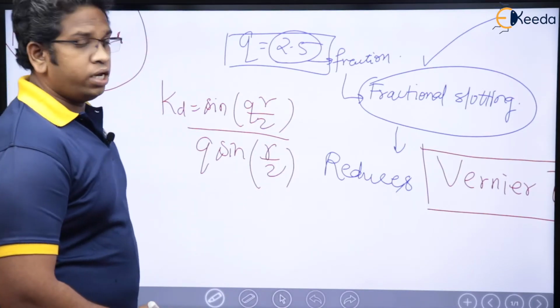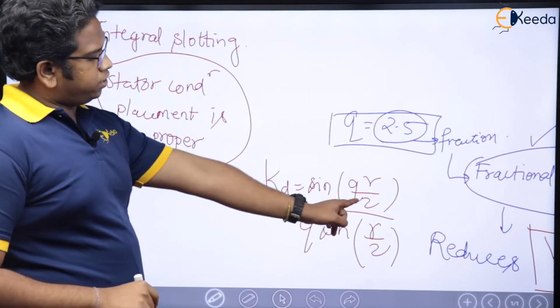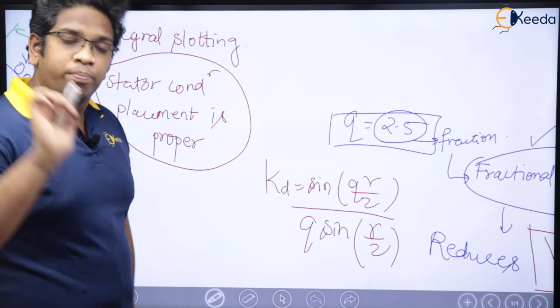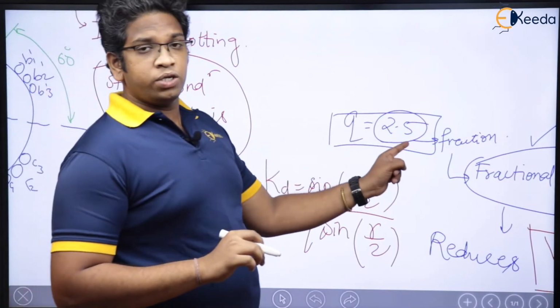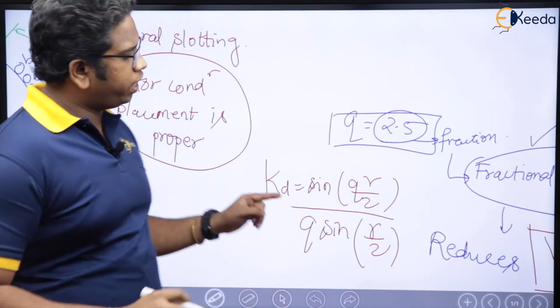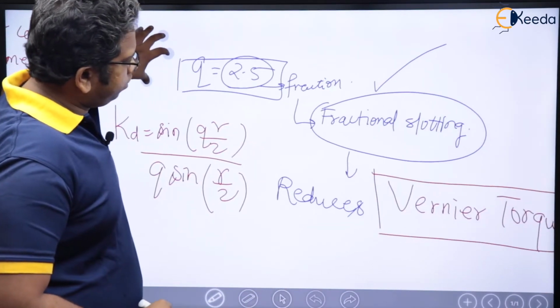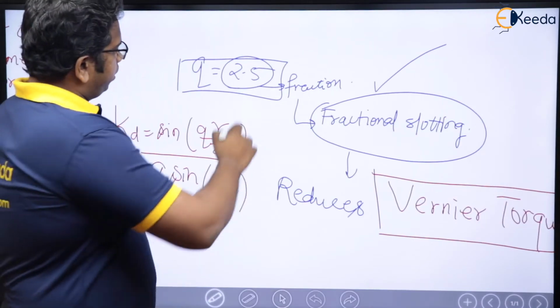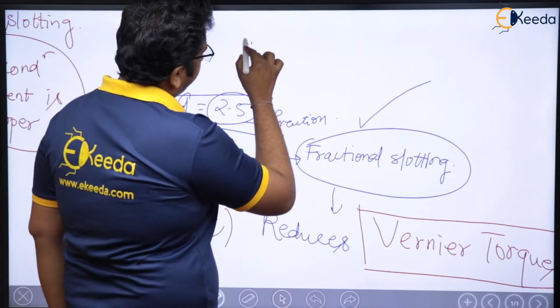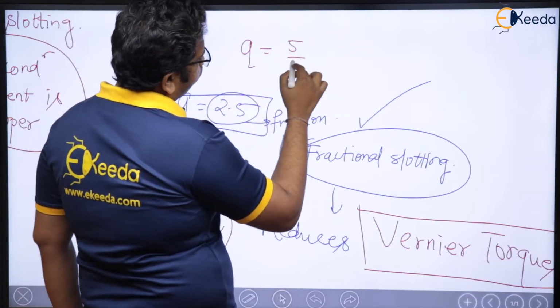So while using it, if my Q is an integer, directly replace it there, no problem. But if my Q is a fraction, you are not supposed to place it here this way. Why? Because, so if I am not supposed to place it, then how to place it? See, if this is Q, if it is a fraction, for example it is 2.5, 2.5 means it is 5 by 2.